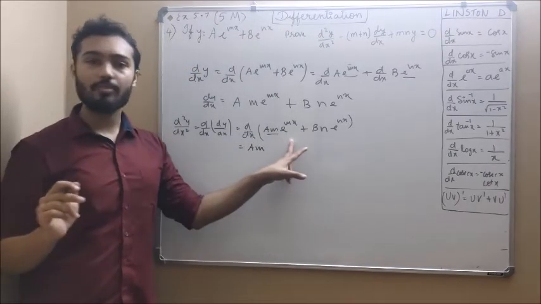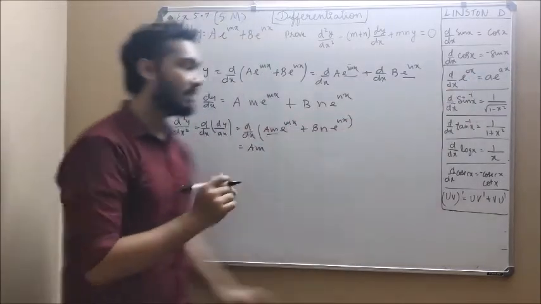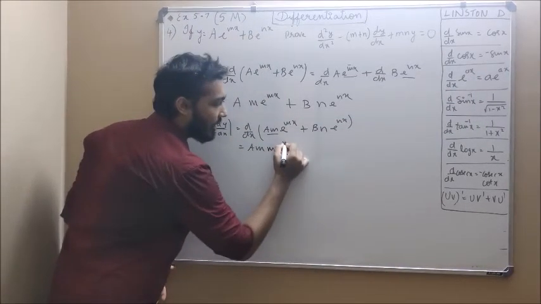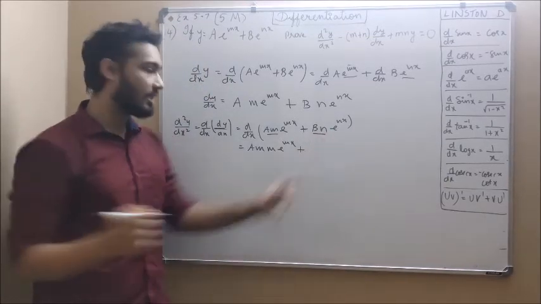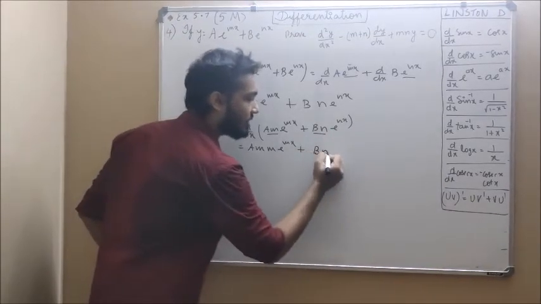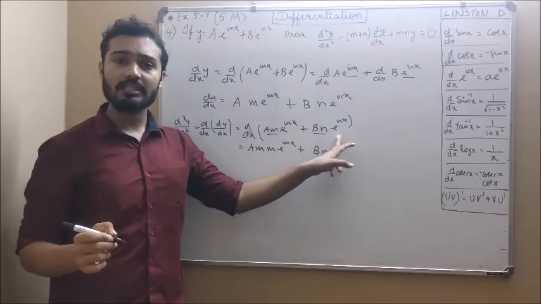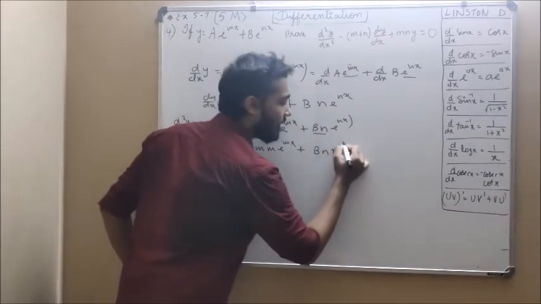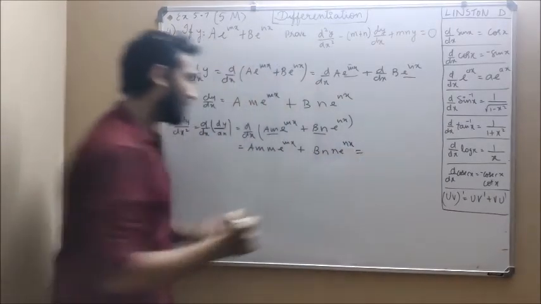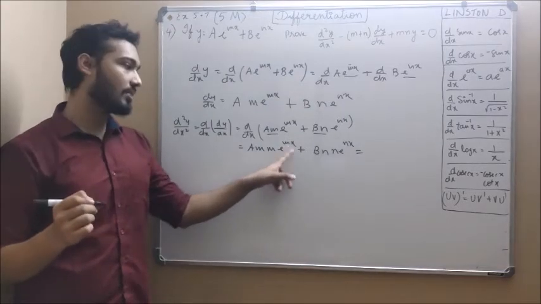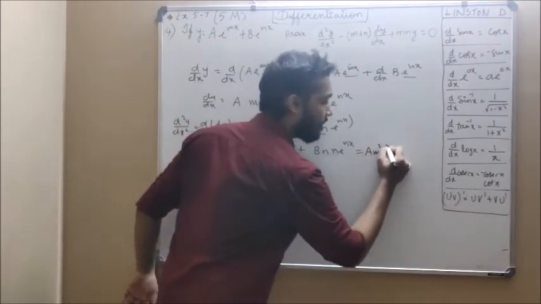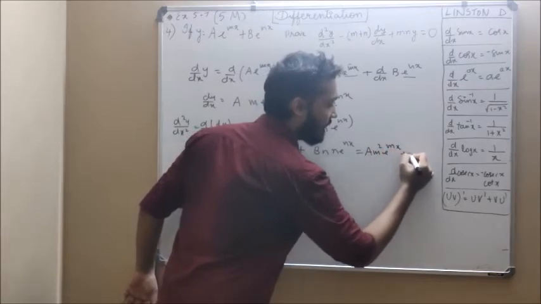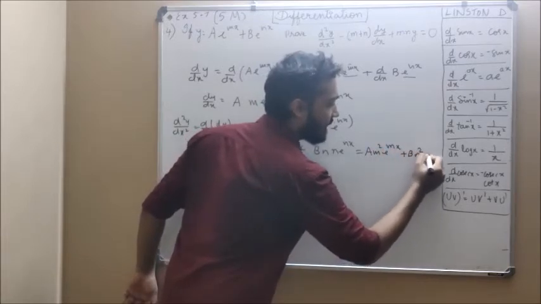Differentiation of e^(mx) is m e^(mx). Plus here b and n are constants, so take them out. Differentiation of e^(nx) is n e^(nx). So this is nothing but a m² e^(mx) plus b n² e^(nx).